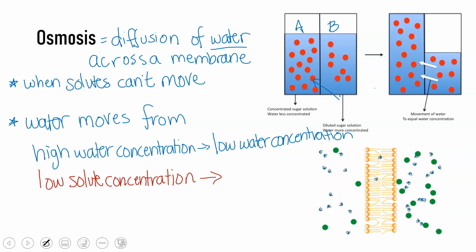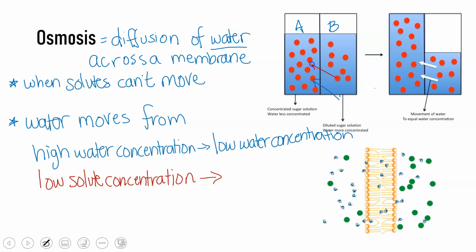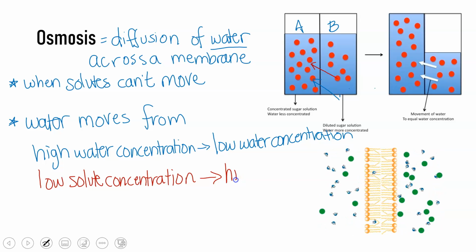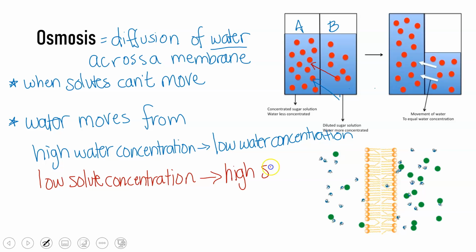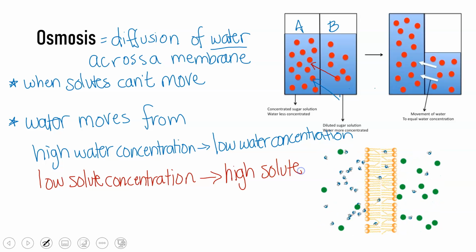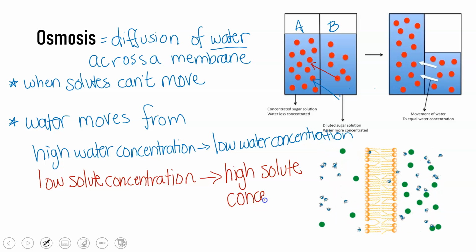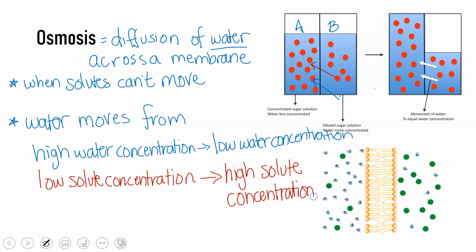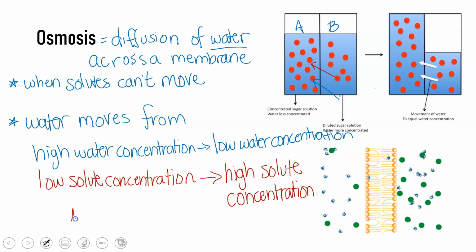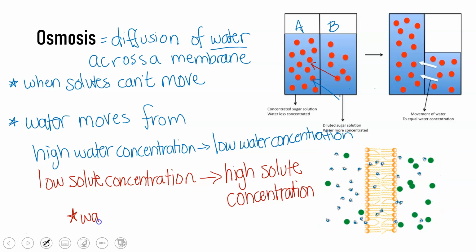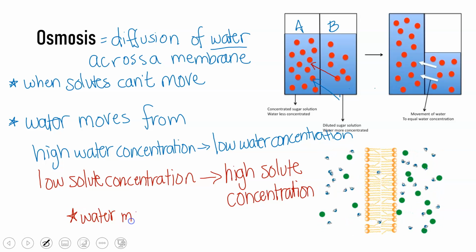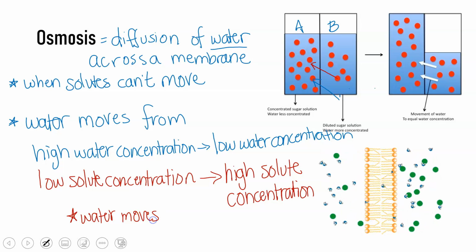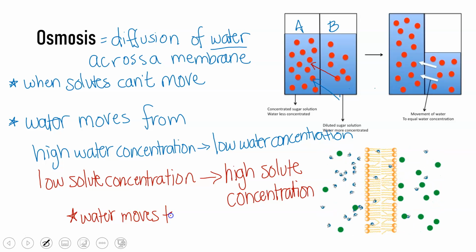And the water moves to the side with the high solute concentration. All right, so a good way to remember this is that in osmosis, the water moves toward the solutes. Wherever there are higher solutes, that's where the water is going to go.